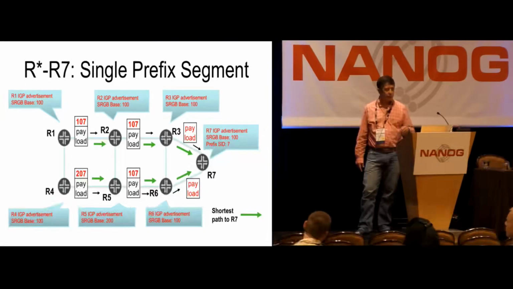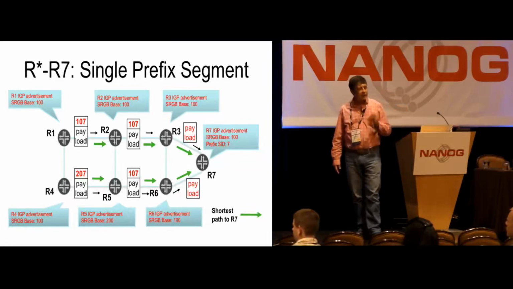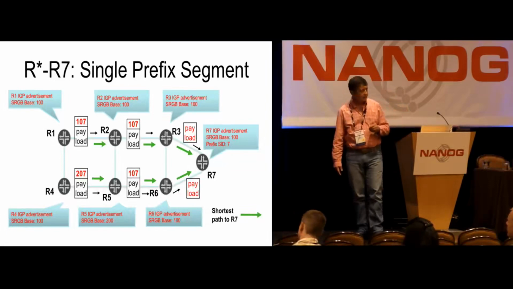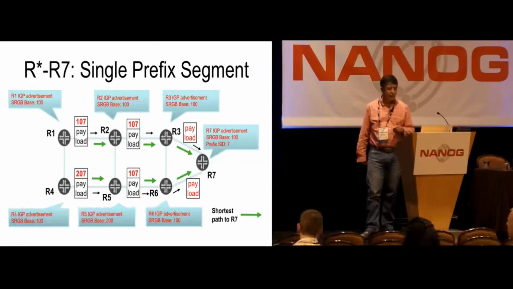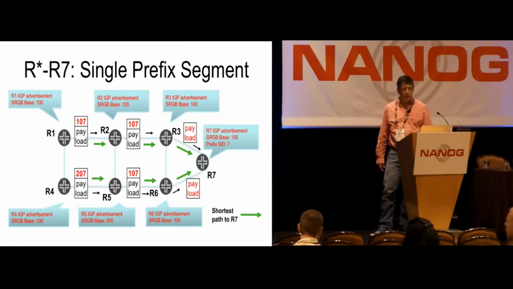Everybody who's not R7, R1 through R3, R4 through R6, needs an SR path to get there. So let's take a look for a minute at what R1 does to build his SR path to R7. In this case, everybody begins their SRGB at 100.